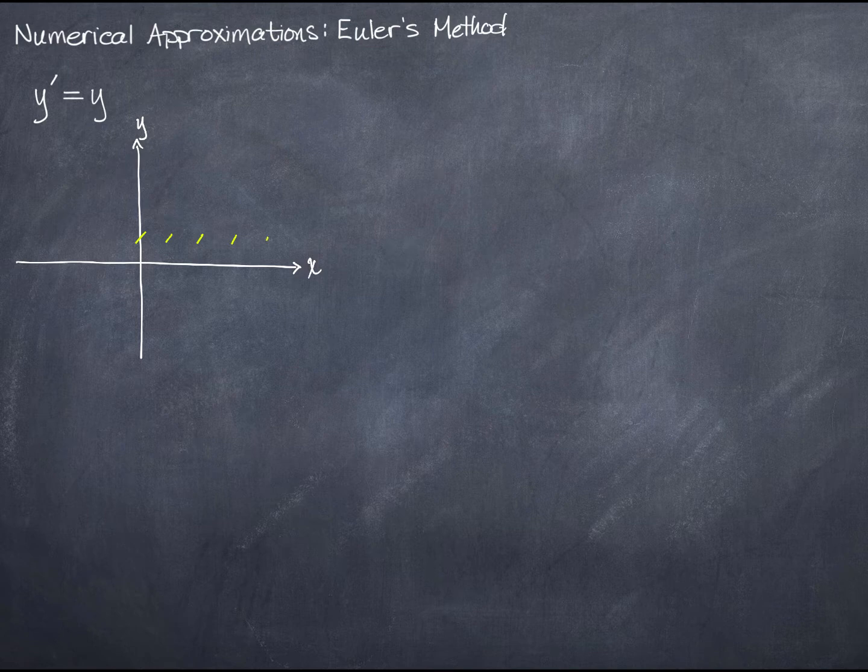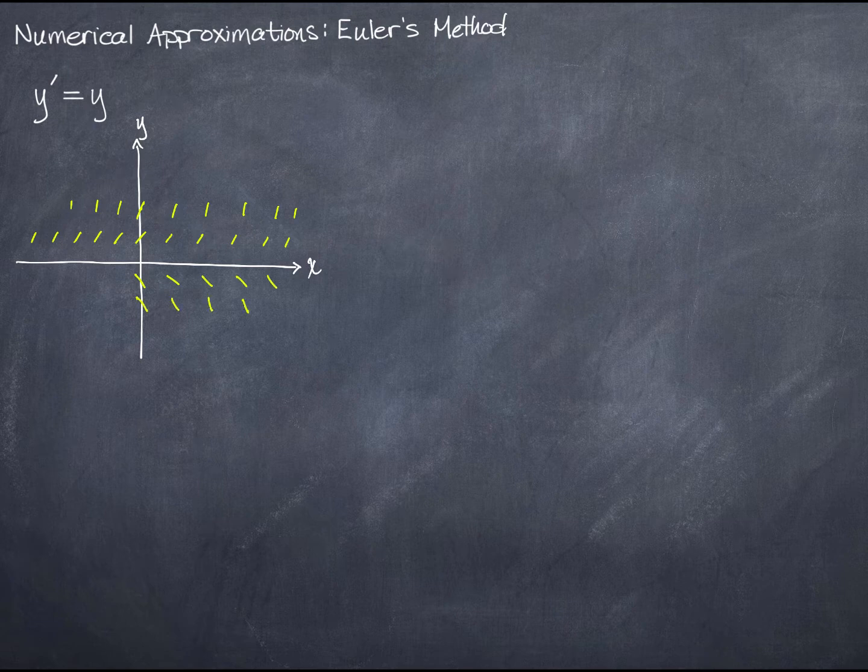If y is 2, my slope is going to be 2, steeper, and so on. My slope is 1 all the way along here, and 2. And if y is negative 1, my slope is negative 1. Negative 2 is negative 2.